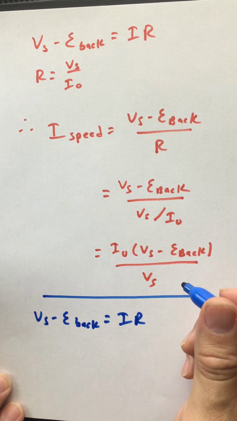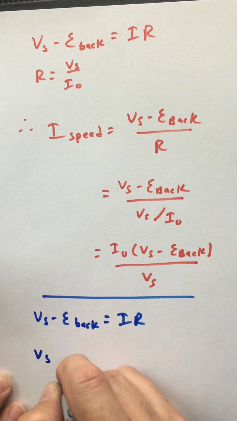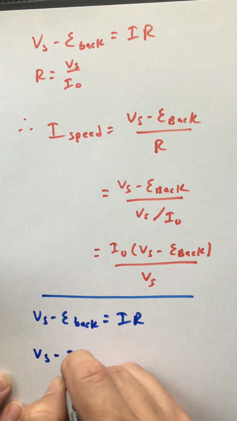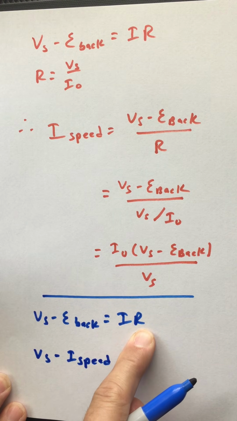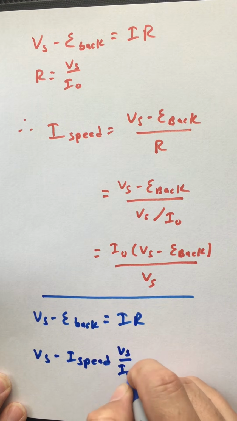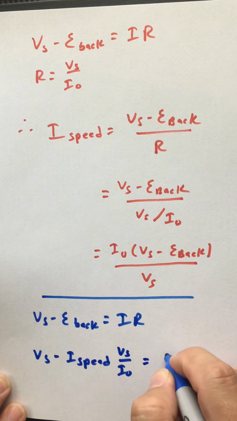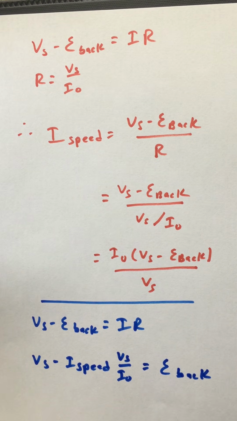You see what's going to go on here. It's not a big deal. It looks like Vs minus I speed times R, which is Vs over I naught, is equal to E back. Just that simple, right?